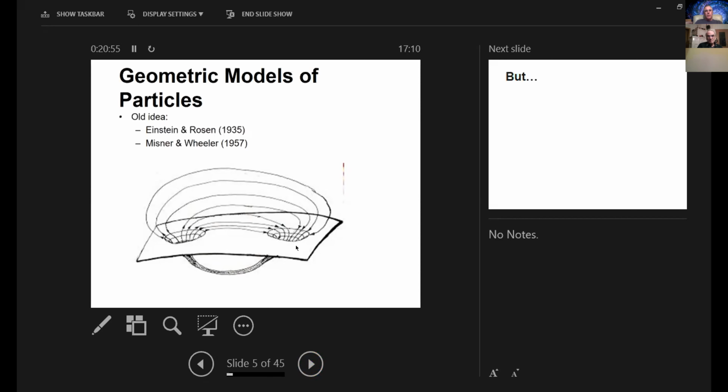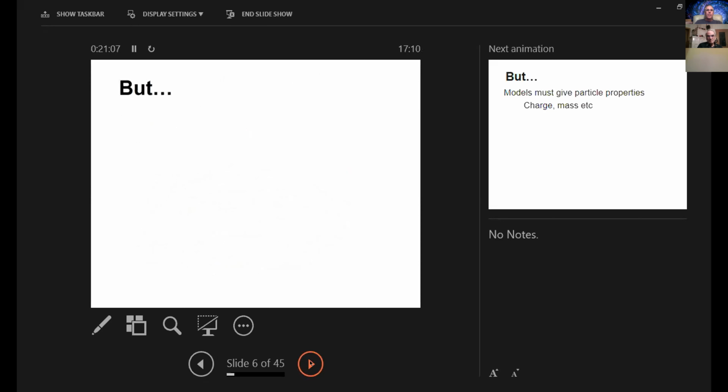So the Einstein-Rosen bridge shows that there was mass without a source of mass. This shows not only mass without a source of mass, there are charges without a source for charge. Right. But when I started looking at this, clearly these models have got to give particle properties like charge and mass, and we just see now how they can have charge and mass, not necessarily quantized.